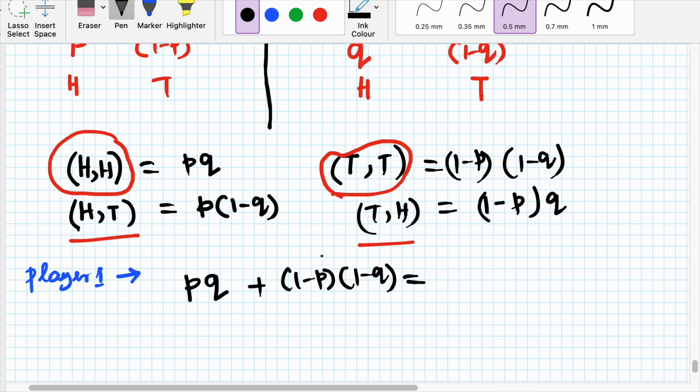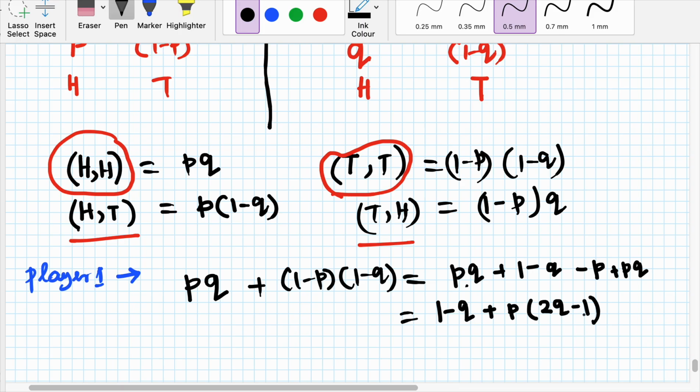If I simplify this, it becomes pq plus 1 minus q minus p plus pq, so this is 1 minus q plus p into 2q minus 1, taking p common.